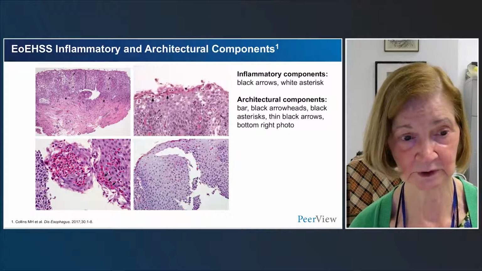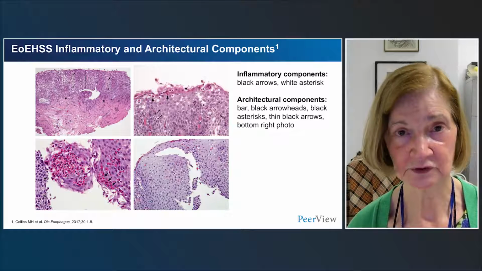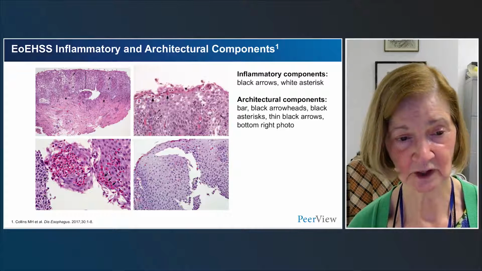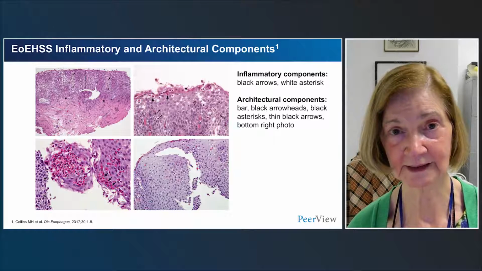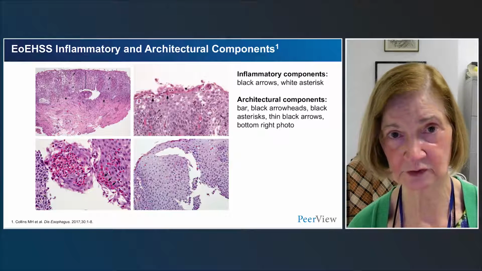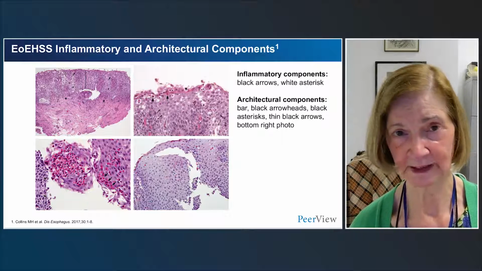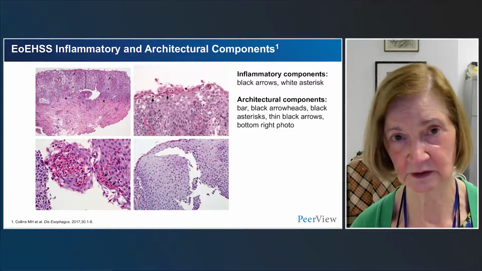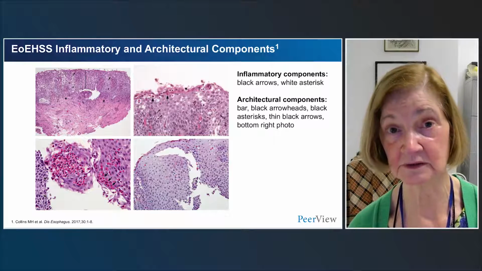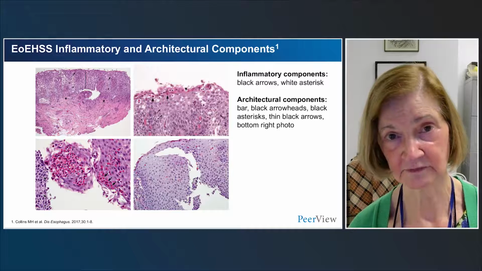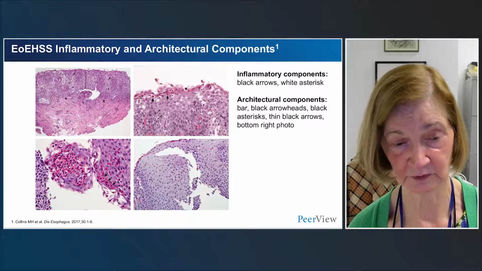It's very abnormal. Arrows are pointing to eosinophils, which we just saw a high power view of. Arrowheads are pointing to dilated intercellular spaces. So there shouldn't be any spaces, any white areas around any of the epithelial cells that are lining the esophagus, and there are a lot in that photograph.